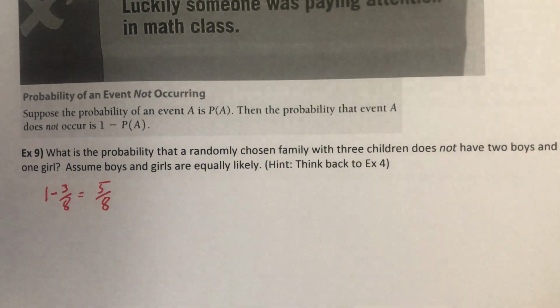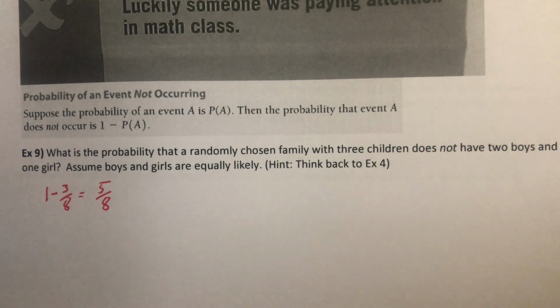All right, so all probabilities have to add up to 1. So sometimes the probability of an event not occurring can be as simple as subtracting the answer of it occurring from 1. So if the question is, what's the probability that a family with 3 children does not have 2 boys and a girl?